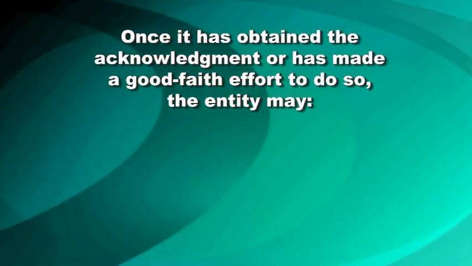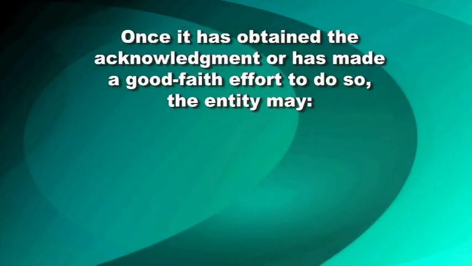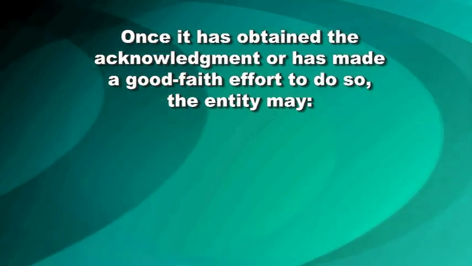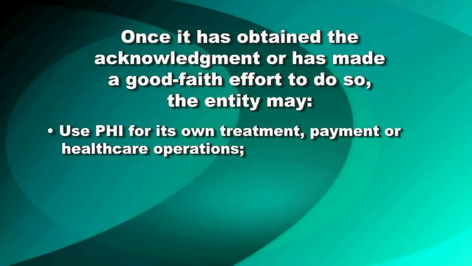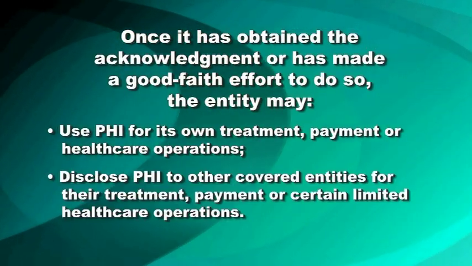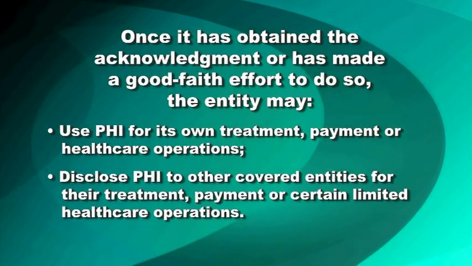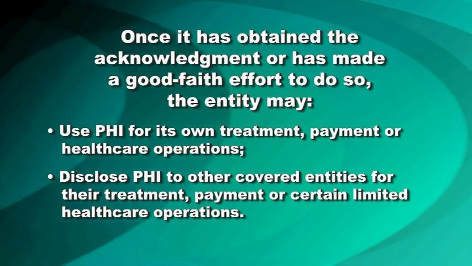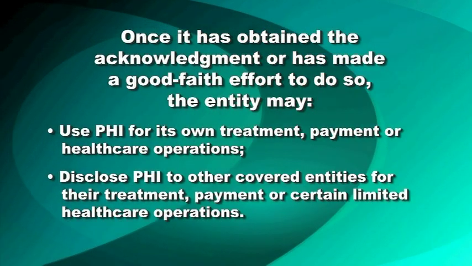Once it has obtained the acknowledgement or has made a good faith effort to do so, the entity may use PHI for its own treatment, payment, or healthcare operations, and disclose PHI to other covered entities for their treatment, payment, or certain limited healthcare operations.